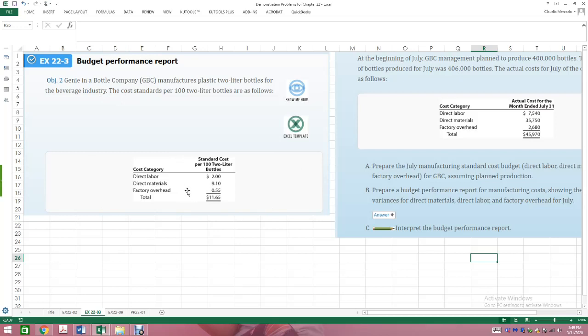So I'm going to spend in labor $2, in materials $9.10, and in factory overhead 55 cents. So I'm spending a total of $11.65 to manufacture 100 2-liter bottles, okay?